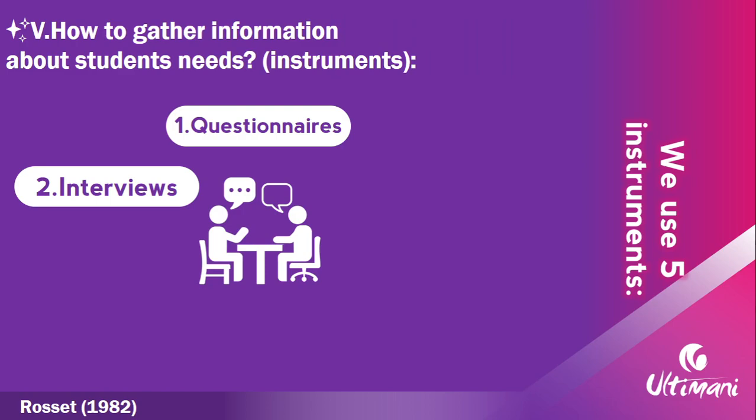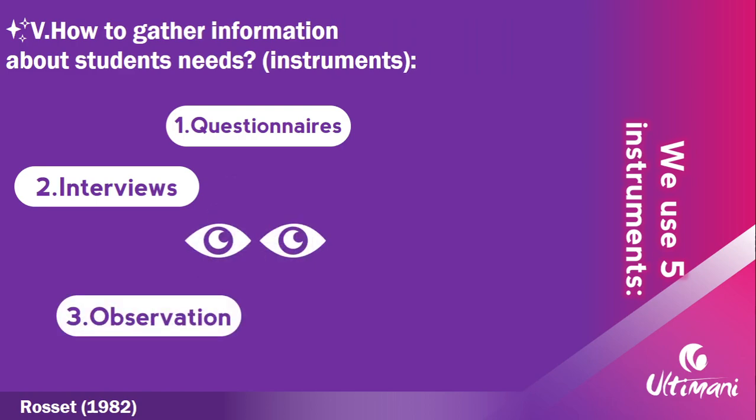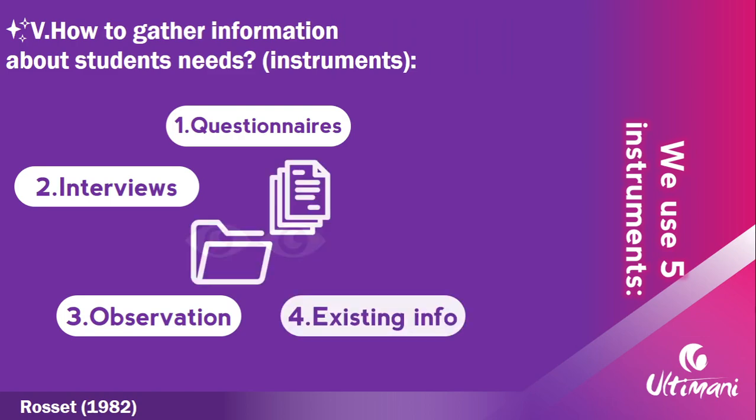The third type of instrument is observation, which is to watch a target group of people and record their behaviors. And the fourth type of instrument is the existing information, because we can find some information from previous data, documents, files, records, and so on.